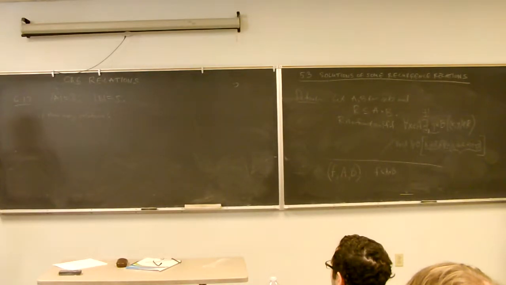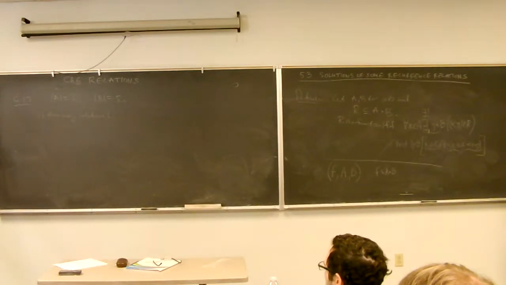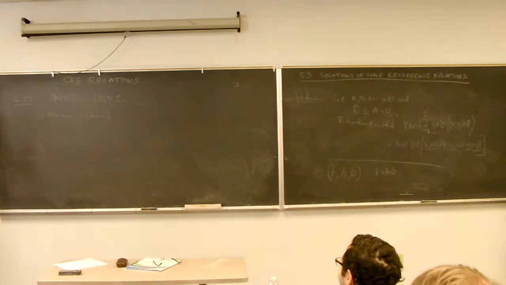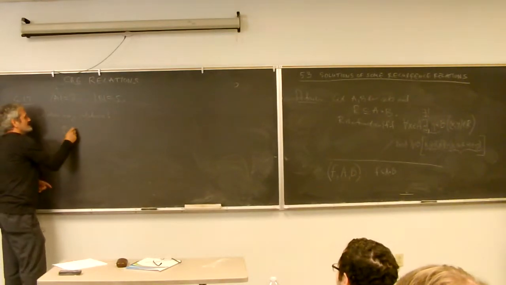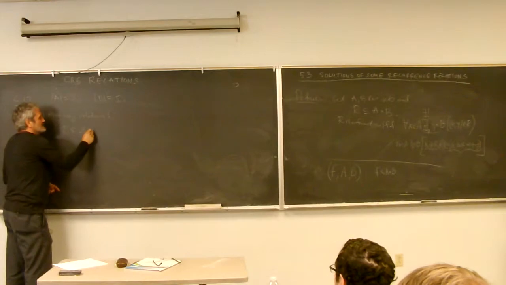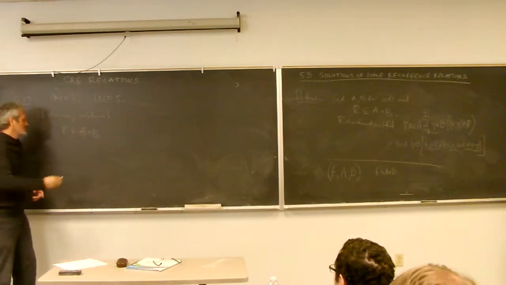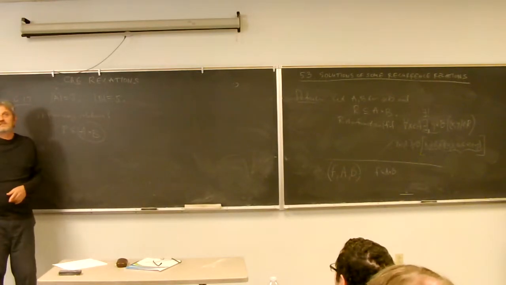I think if a relation is just a subset of A cross B, it would just be 3 times 5 times 2. Oh, you said it nicely, then you messed it up. What did you say? A relation is a subset of A cross B. So A cross B has how many elements? 15.